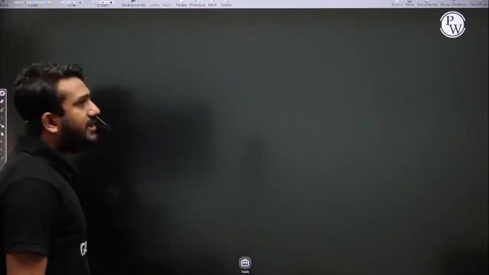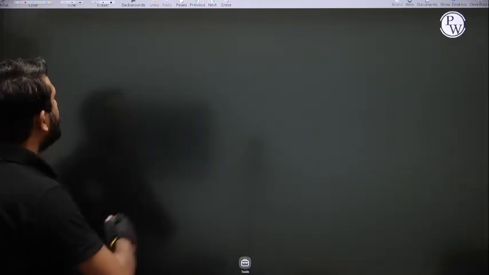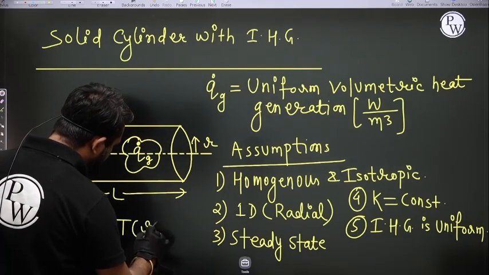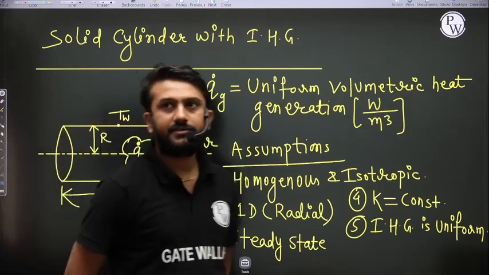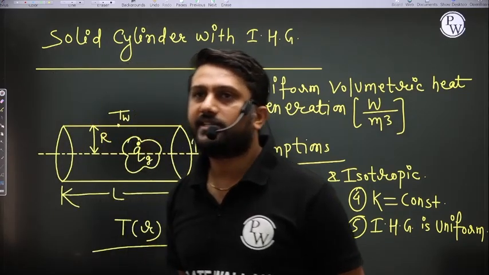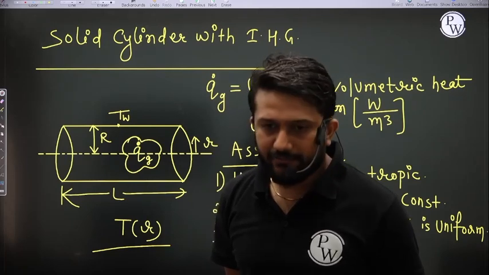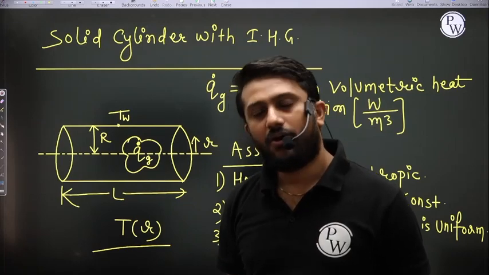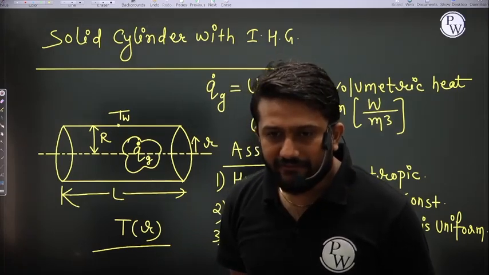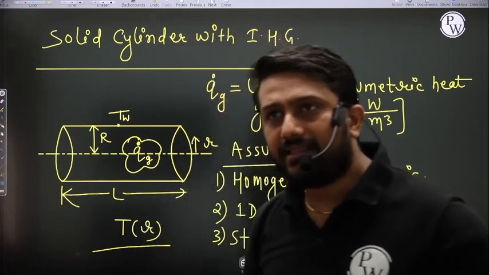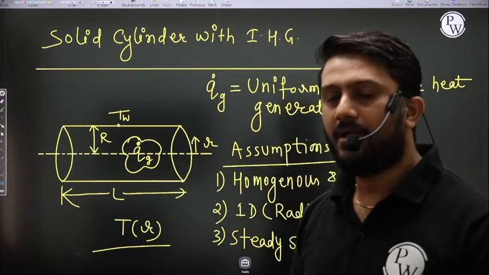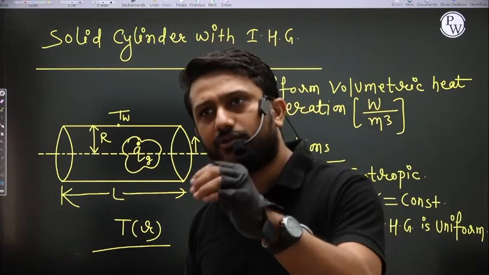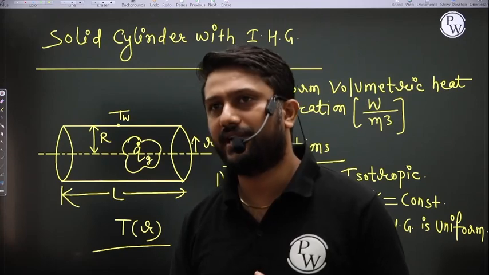Now see, if you are considering all these assumptions, then it is very clear that temperature is only a function of R. Steady state, radial direction, internal heat generation is there. So first I want to calculate how the temperature is changing with respect to R, and after that I find the location of maximum temperature and the maximum temperature. This is the objective. Because in this case, whatever the heat generation is there, that is equal to the rate of conduction heat transfer from this solid cylinder.